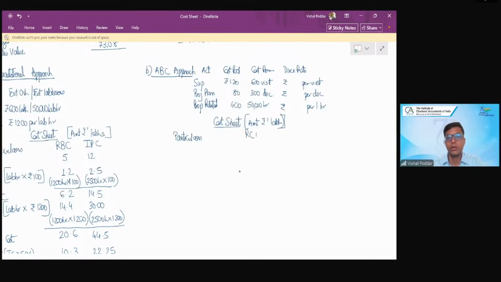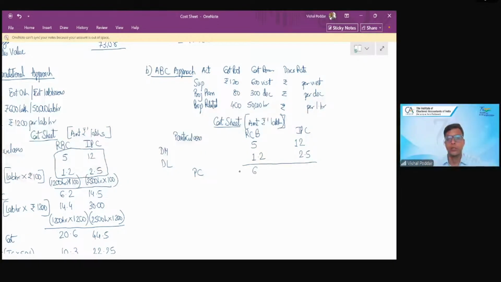Particulars, RCP, IPC, direct material, direct labor, prime cost. This you can simply copy paste from the previous cost sheet because that will not change because we are doing costing for the same two construction projects.